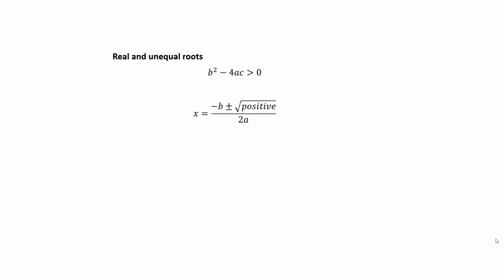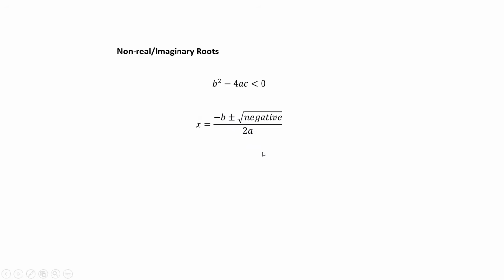Then further on, when the roots are non-real or imaginary, in other words, the roots are not available, it means b squared minus 4ac is less than 0. The square root of the discriminant will be negative.